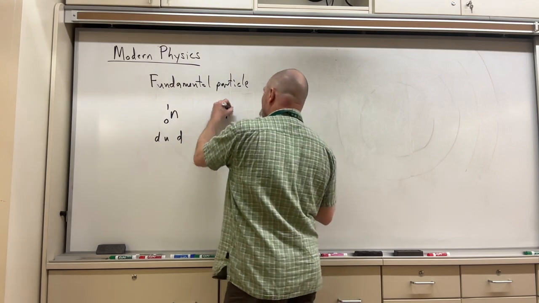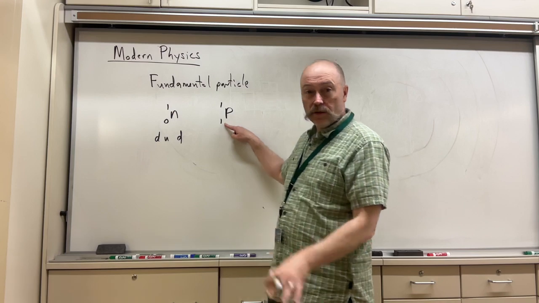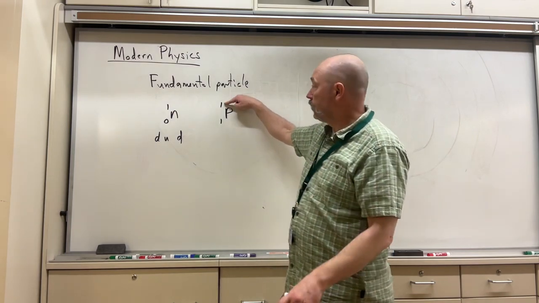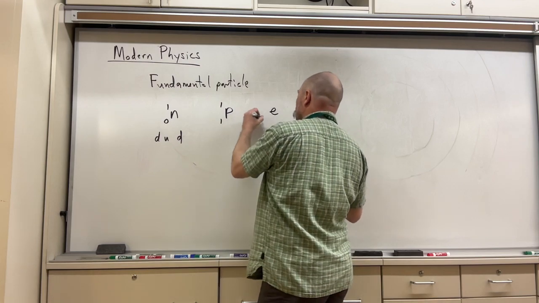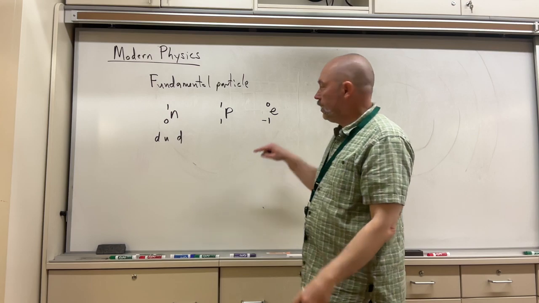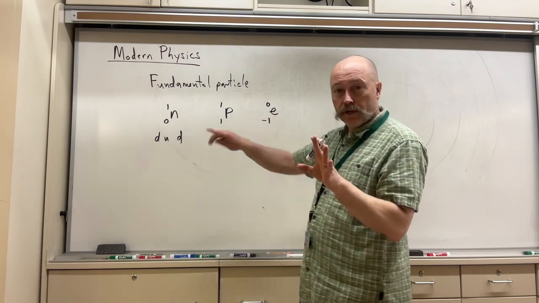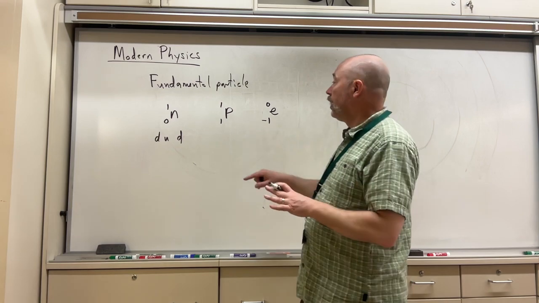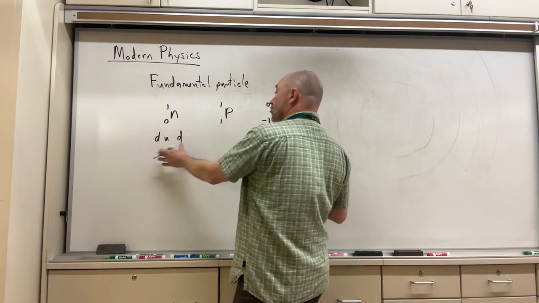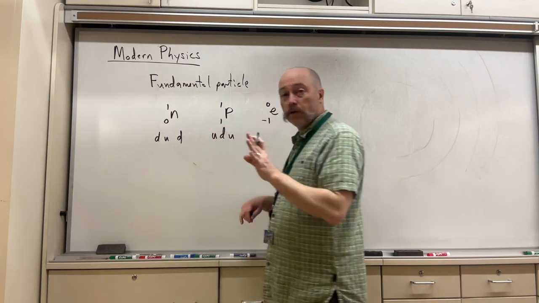A proton has a positive charge and 1 elementary mass unit. An electron has a negative charge, and even though it does have mass, its mass is so small compared to a proton or neutron that we say it's 0 in elementary units. A proton is not a dud, it's 2 up quarks and a down quark.